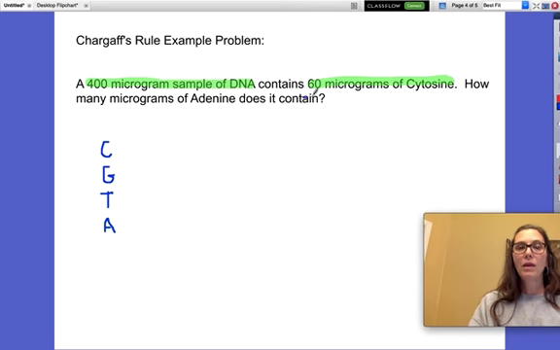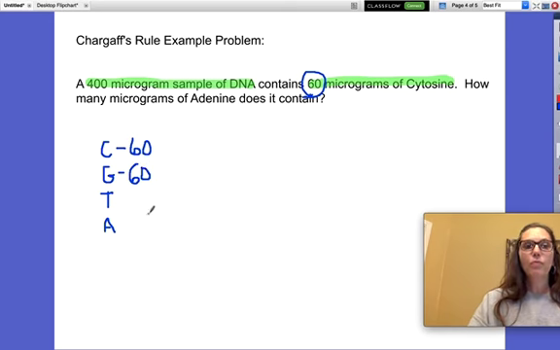In the problem, I told you there's 60 micrograms of cytosine, so you'll write 60 for that one. Well, we just learned that Chargaff's rule is C is going to pair with G. So if C pairs with G, that means they are always going to be in equal amounts in the DNA sample. So you automatically know that you have 60 micrograms of guanine.